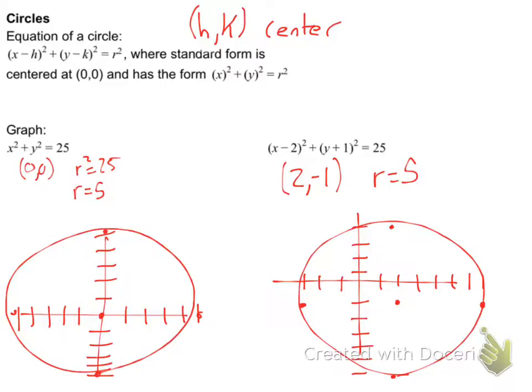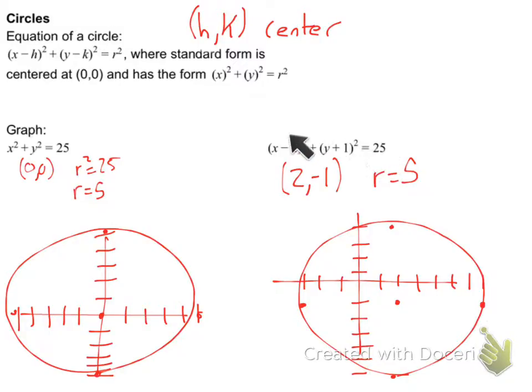Guys, make sure that you understand that the center of the circle is actually not part of the circle. It was part of the process of graphing the circle. So the only real solutions to this are any spot that's on your circle. All of these parts that make up the circle around the outer edge, if I was to plug them in for x and y, will give me 25.